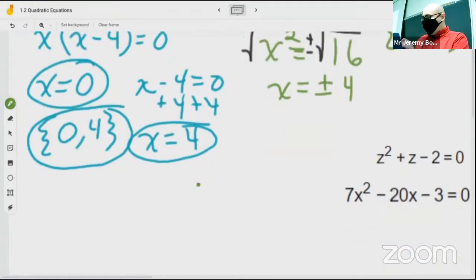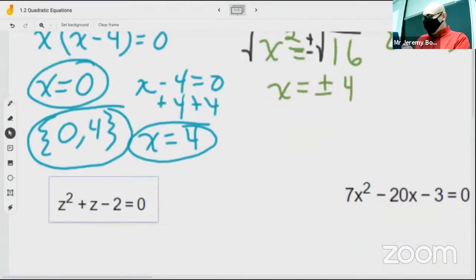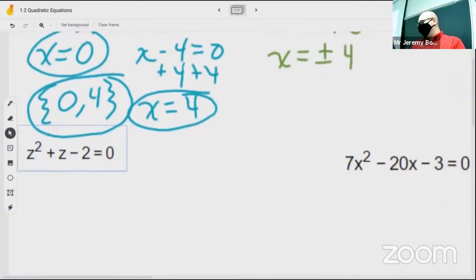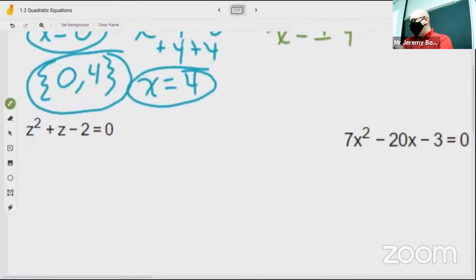All right, let's do the z one next. So we have z squared plus z minus 2 is equal to 0. For this one, it's already in the right form. Nice, it's already equal to 0. We can't factor out a common term, can't do the square root method. Let's see if we can factor it.